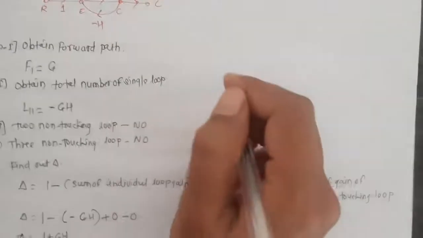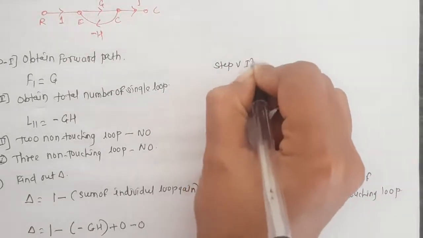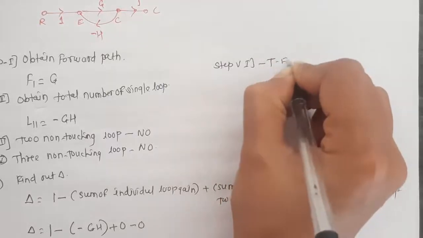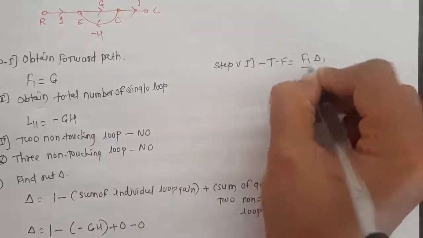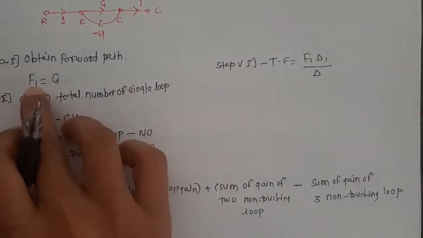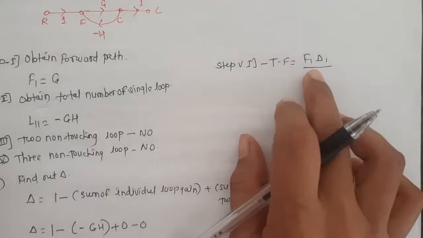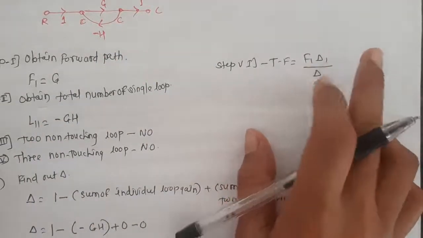After that, put that value in our final formula. The transfer function is equal to F1 Del 1 upon Del. Here only F1 Del 1 will come because only one forward path is there. If there are two forward paths, then the formula will be F1 Del 1 plus F2 Del 2.